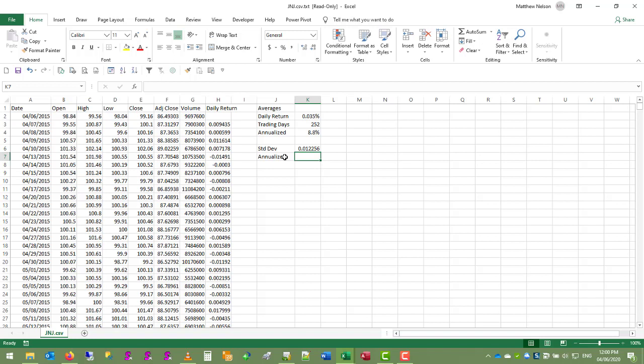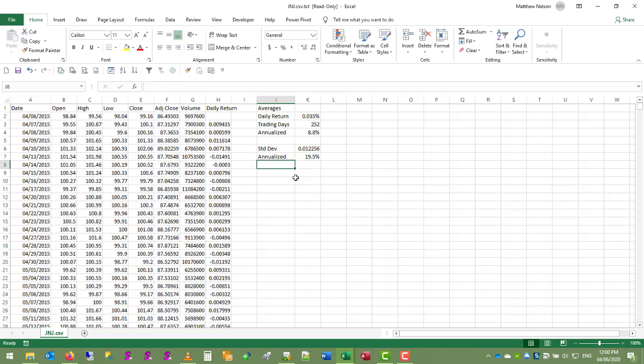So to annualize it, we take the daily standard deviation, multiply it by the square root of time, the number of days. So, risk for return, we get a return of 8.8% for a risk of 19.5.